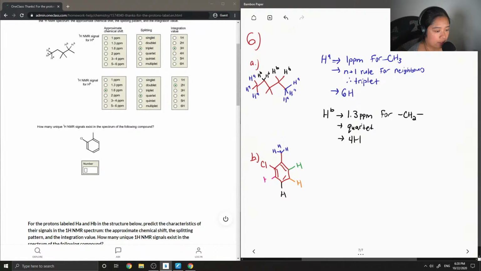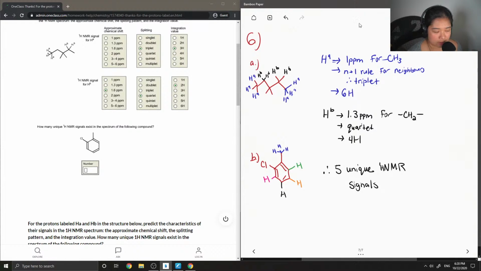And then this hydrogen would also be chemically different from all of the other hydrogens because it is the closest to the chlorine. So counting out all these different hydrogens, we have 1, 2, 3, 4, 5. So therefore, there are 5 unique H-NMR signals.